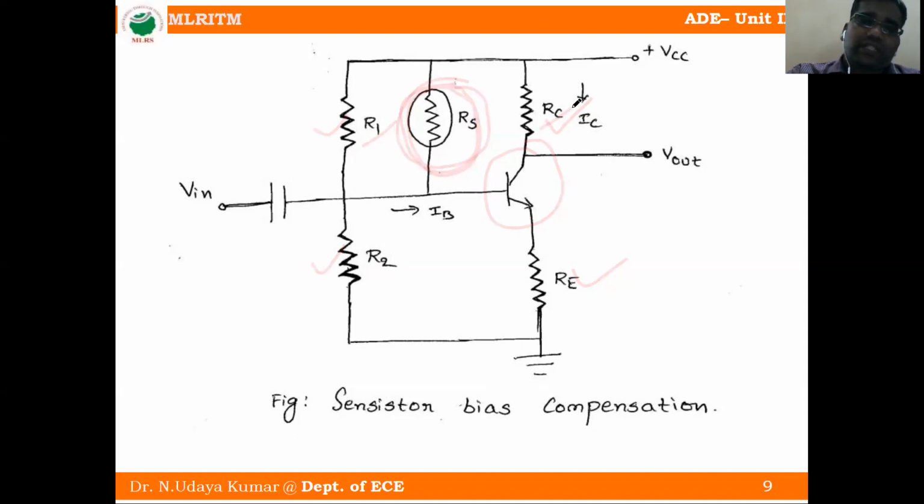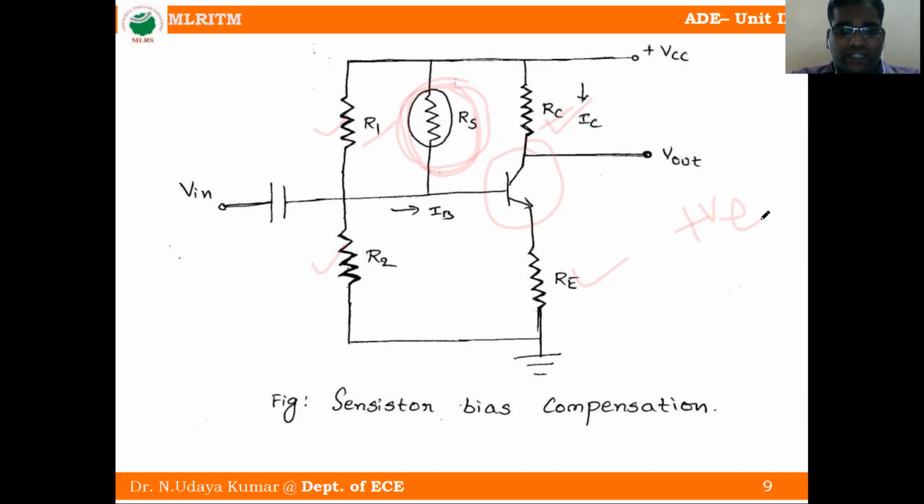Sensistor is a positive temperature coefficient device. That means if temperature increases, resistance increases. If temperature decreases, resistance decreases. That is the meaning of positive temperature coefficient.